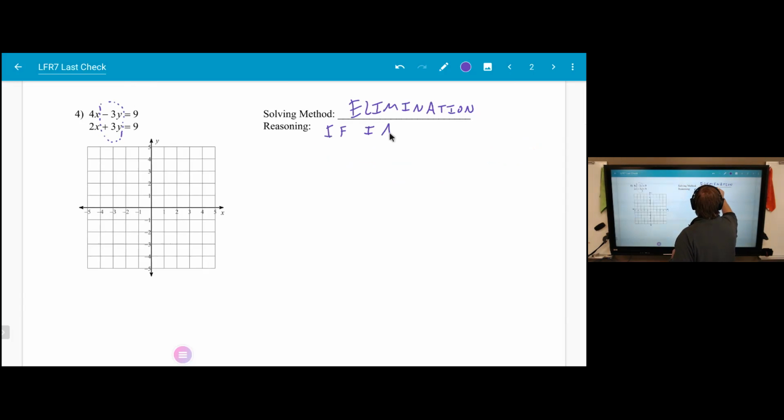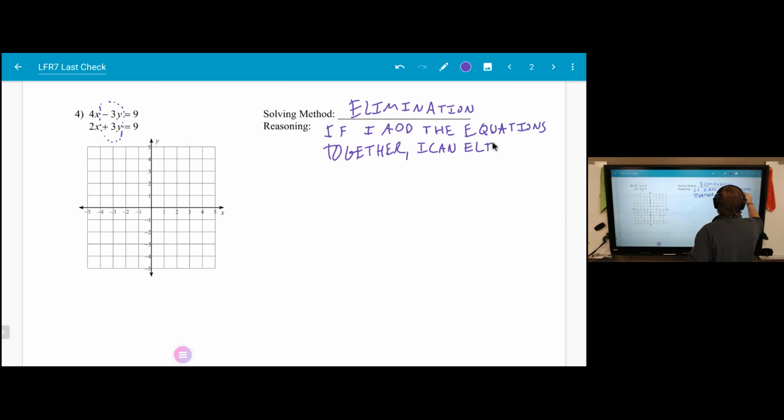If I add the equations together, I can eliminate a variable.